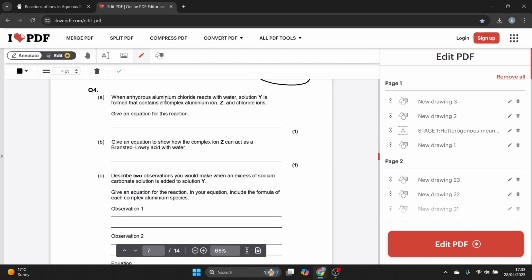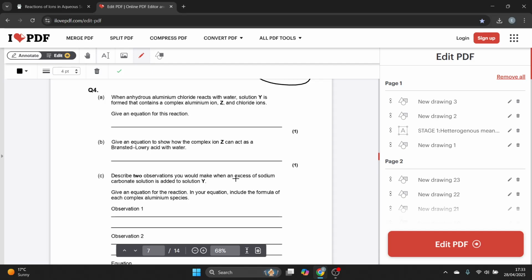Anhydrous aluminium chloride reacts with water. Sorry, guys. When anhydrous aluminium chloride reacts with water, solution Y is formed that contains a complex aluminium ion Z and chloride ions.